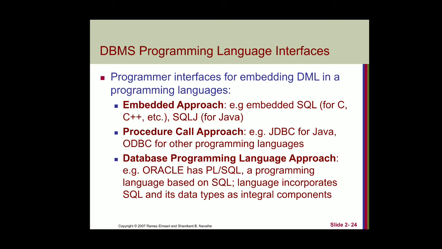In the procedural call approach, we can make use of JDBC for Java and ODBC for other programming languages. If you are making use of another programming language, then you can make use of ODBC, or else if Java is the language that you have considered, then JDBC is the procedural call which you will be making use of.